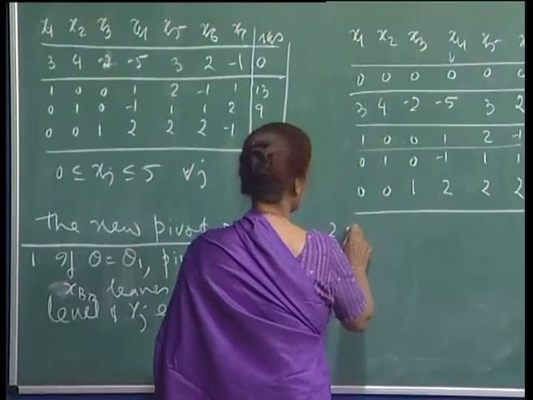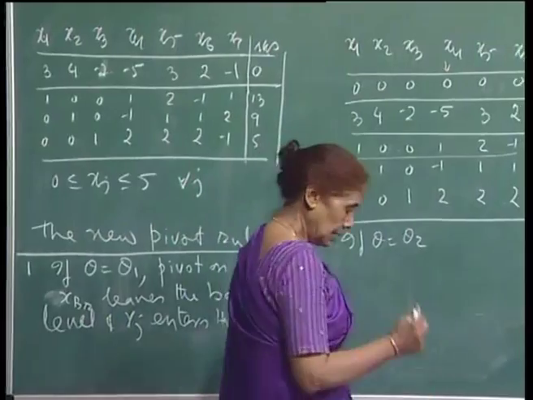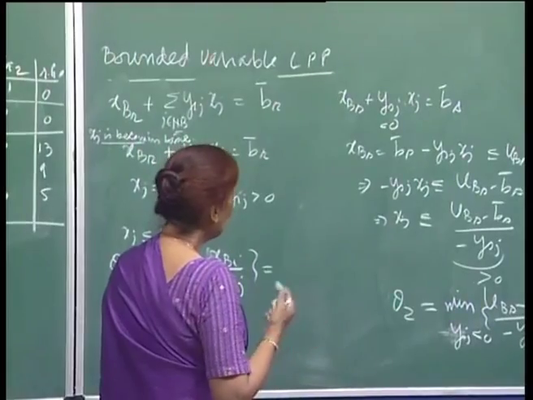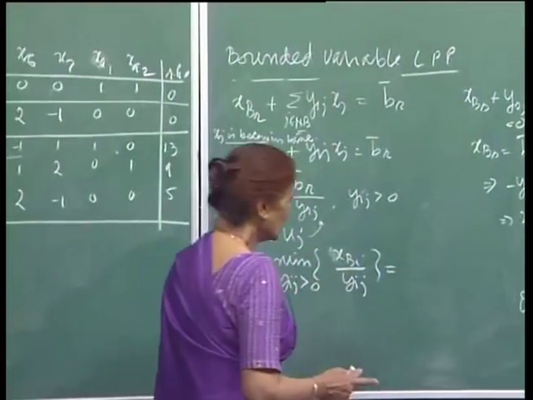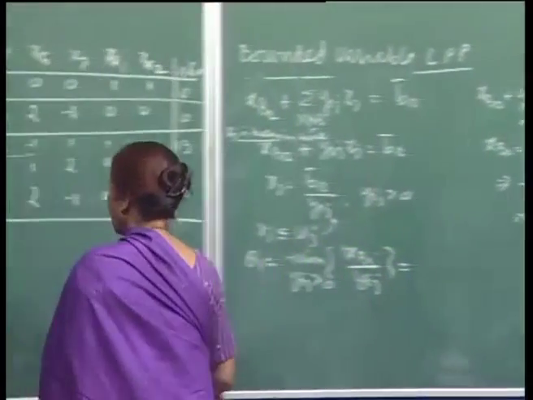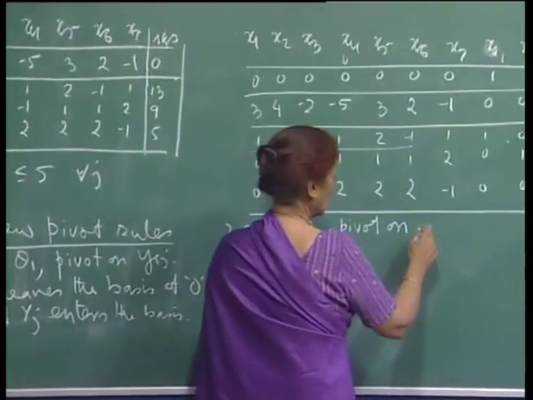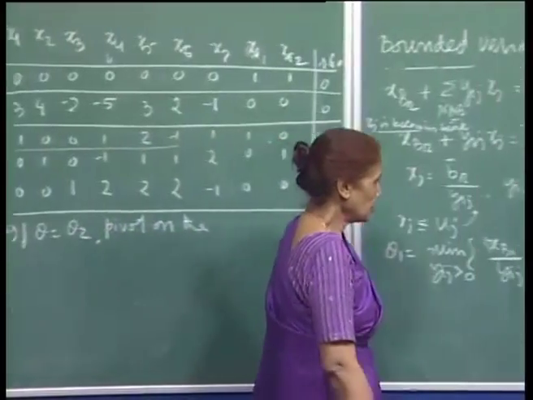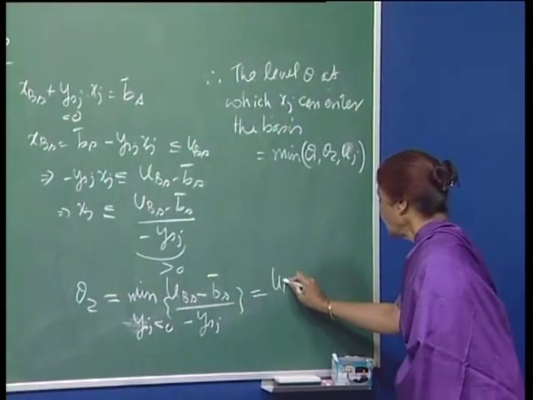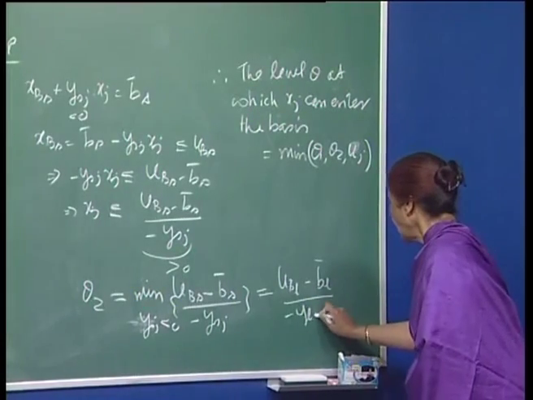Second, if theta is theta 2, then we will pivot on YSJ, or whatever the index for which this minimum ratio occurs. Let me say that this minimum is for UBL minus BL bar upon minus YLJ.